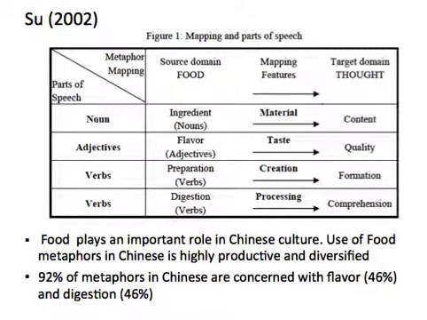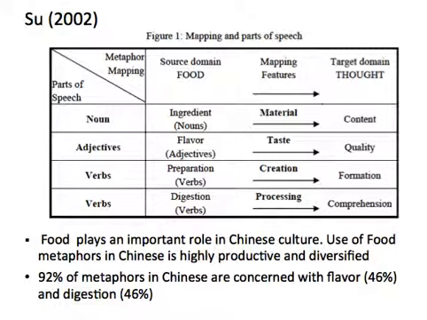So content tends to be in terms of nouns. Quality tends to be in terms of flavor, in terms of adjectives, and formation, or the preparation of food, and the digestion of food, both tend to be in the form of verbs. And what she found when she looked at all the occurrences of metaphors in Chinese, that food and Chinese cuisine is held by many to be the best cuisine in the world.